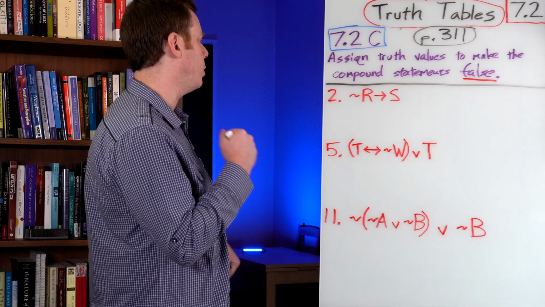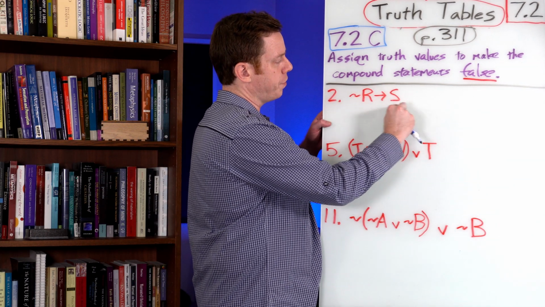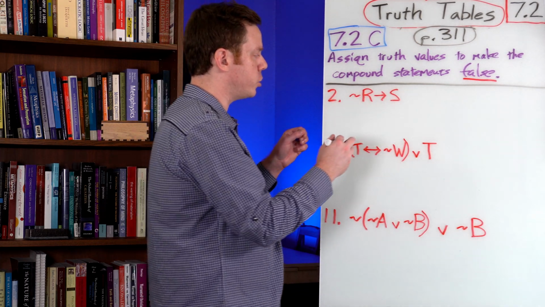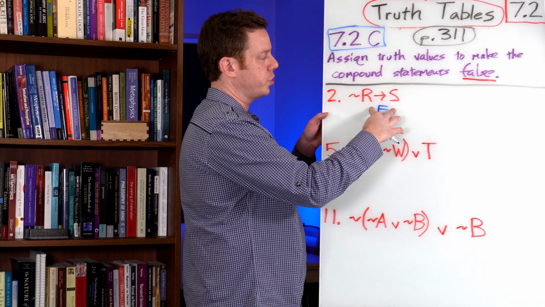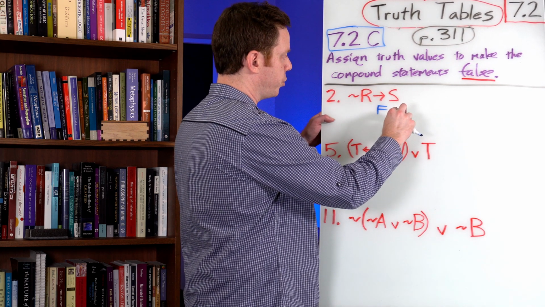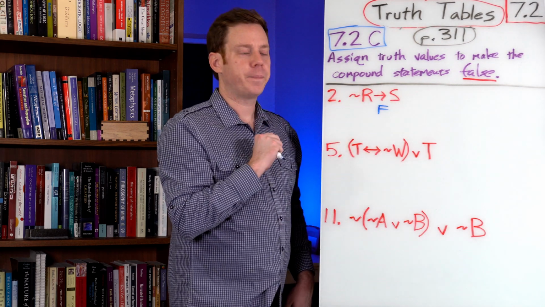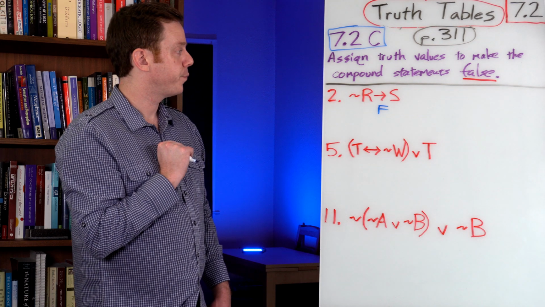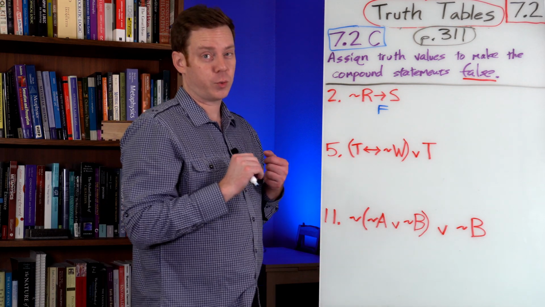So what do we look at? We want to look at the main operator, right? This whole thing comes out false. Well, it's a conditional. Now, if the conditional's false, what does that tell us about each side of the arrow? A conditional only has one way of being false, right?